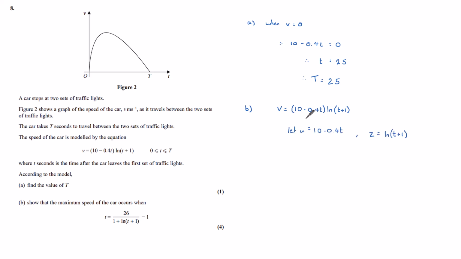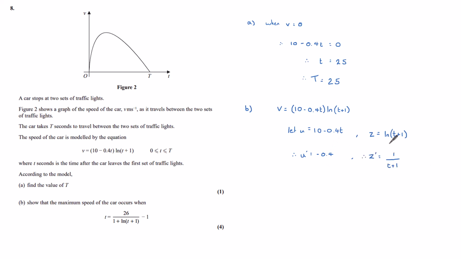So if we let u equal 10 - 0.4t, and I'm going to use z instead of v here because v is our velocity, our second function, z, is ln(t + 1). Then I need du by dt, differentiating u with respect to t. 10 differentiates to 0, and -0.4t differentiates to -0.4.